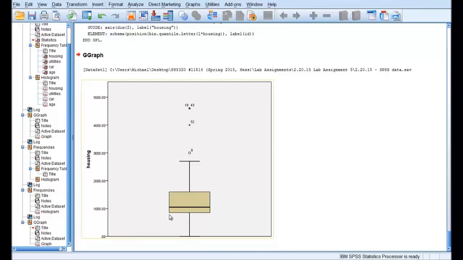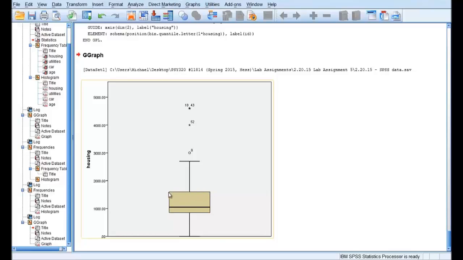But this box right here in the box plot has to do with your interquartile range. Right away you can tell that the highest part of our interquartile range is Q3, and that occurs at the highest point of your box.